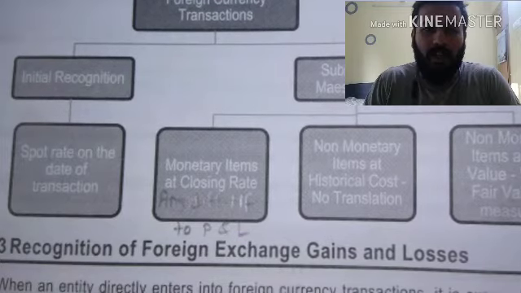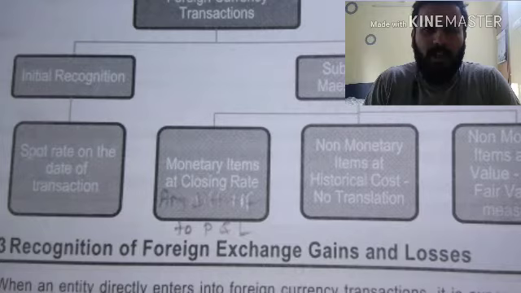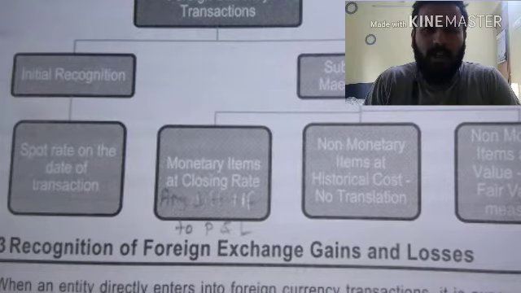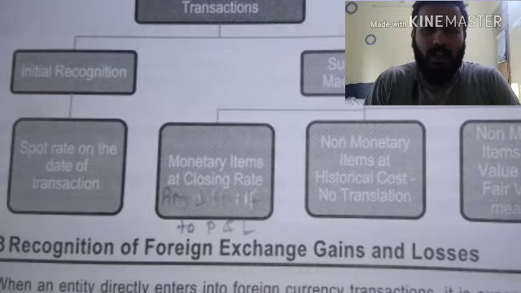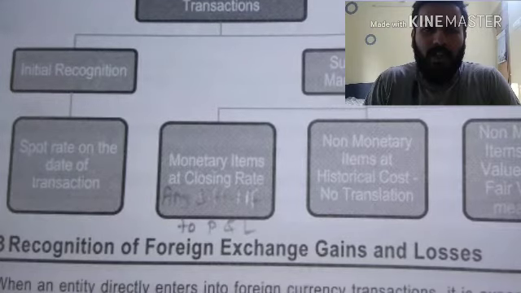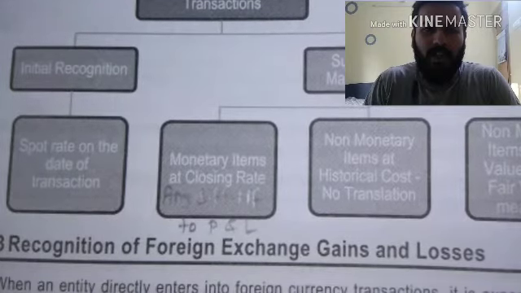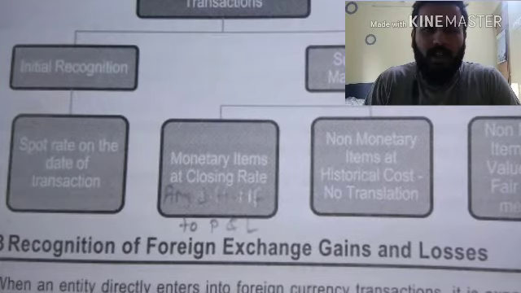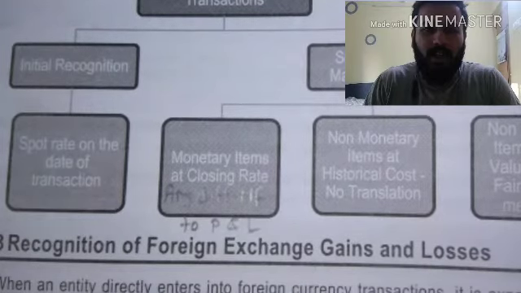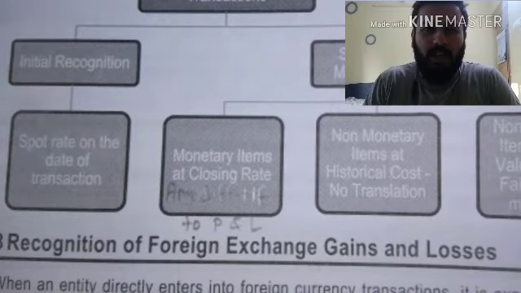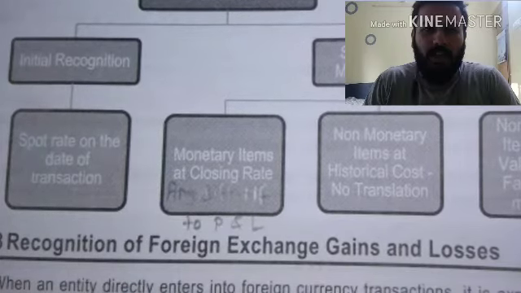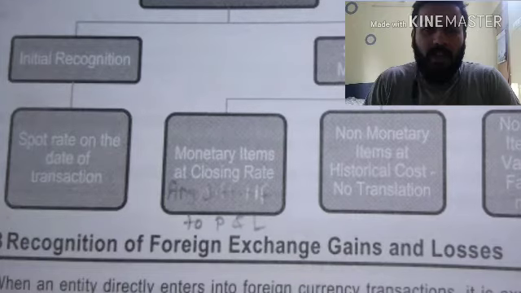We should record the particular transaction at the spot rate as on the date the transaction took place. When the transaction took place, what is the spot rate on that date? On that spot rate, we will record the transaction in our books of accounts.